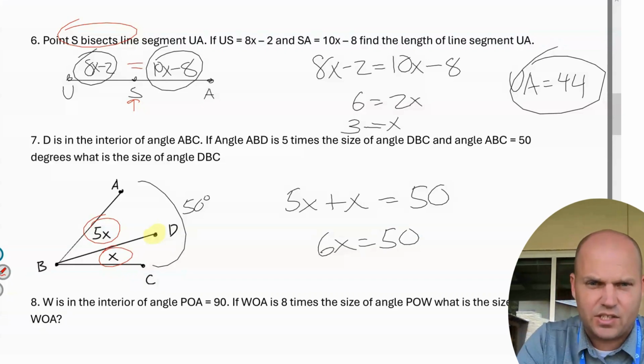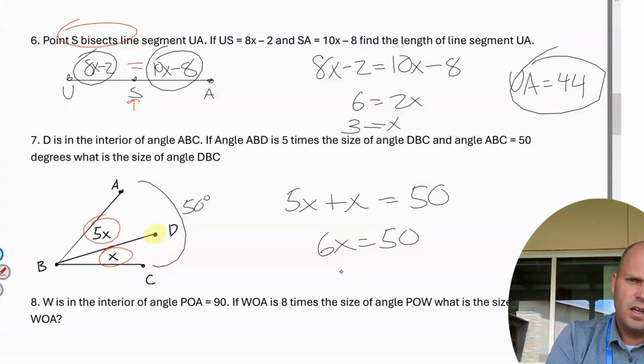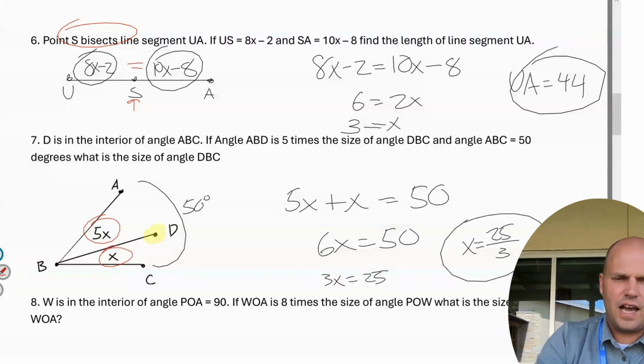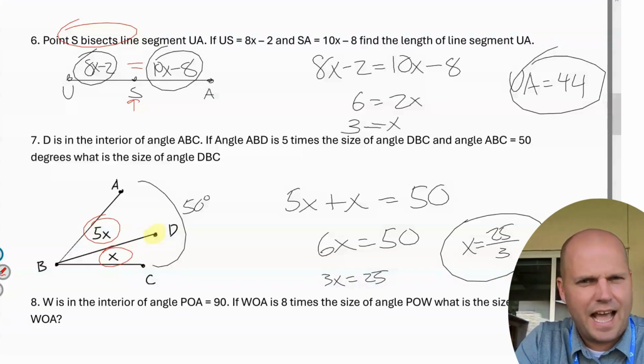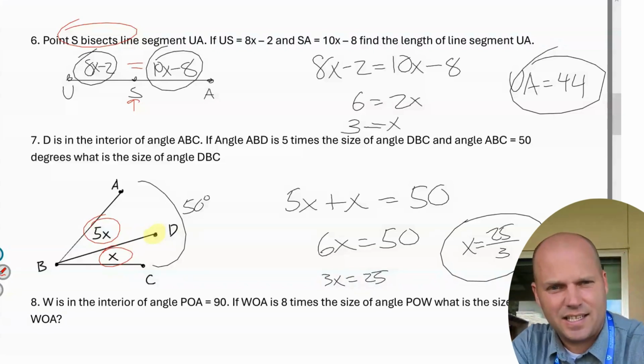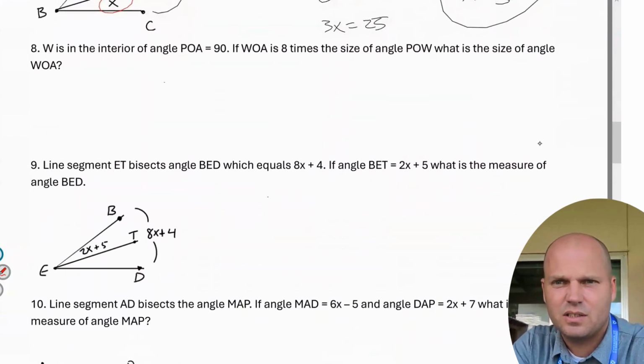That doesn't work out nicely. Divide by 2, I get 3x equals 25. I get x is 25 thirds. Okay, not a great number, but that's the correct answer. So probably tricking you to think that x is 10. X is not 10 in that situation.